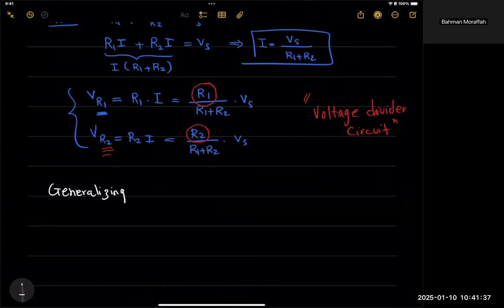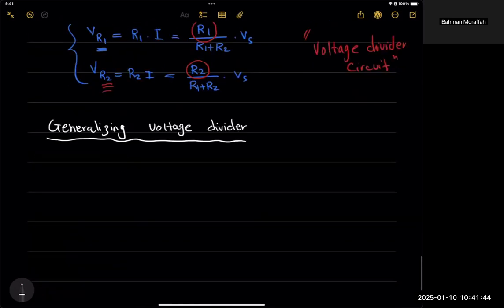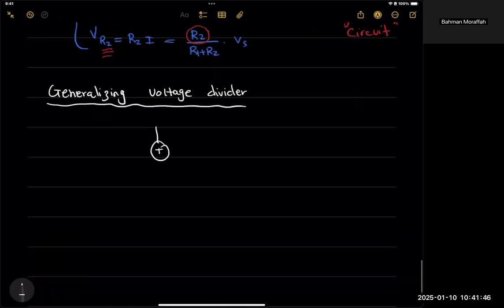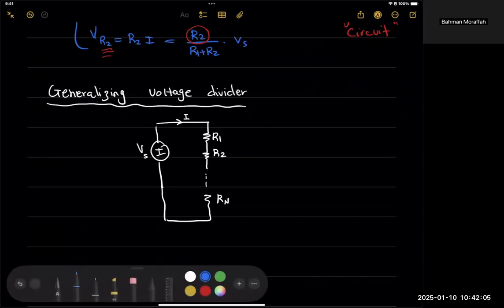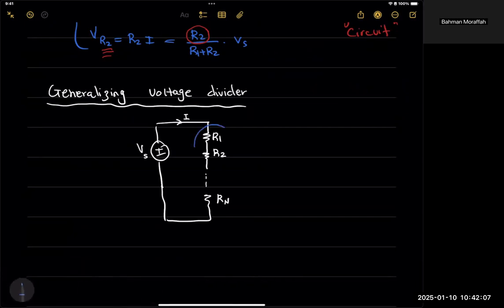Generalizing the voltage divider. Let's just assume I have a voltage source, and it's followed by n resistors. Let's call them R1, R2, all the way to Rn. So if I want to find this I here, let's replace the whole thing by its equivalent.